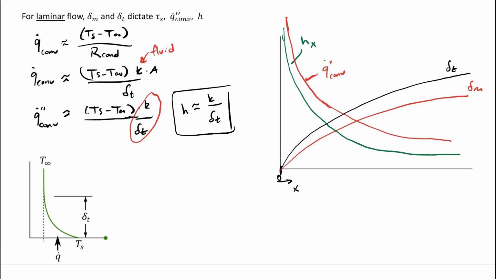You're moving along and all of a sudden you introduce little notches or something like that, and it disturbs the flow. Every time you hit a notch, you have to reestablish your boundary layer. So now your boundary layer on average is much thinner than it would be if you just left it alone and let it grow. That's a lot of times why you'll see, in heat transfer enhancement, little microsurfaces that cause the boundary layer to consistently break up and reform.